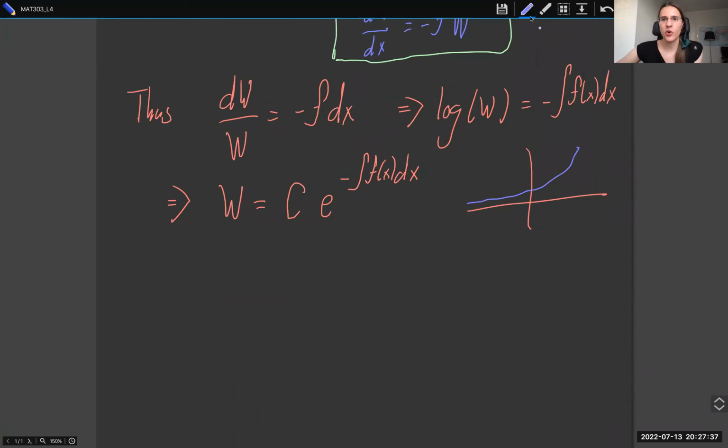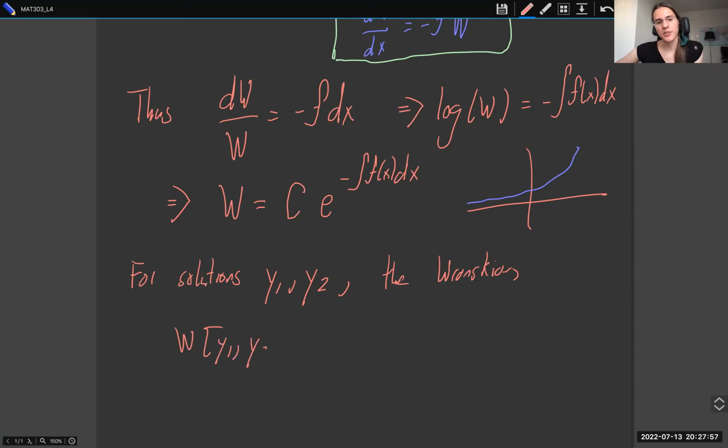So what we conclude is that for solutions y1 and y2, the Wronskian W(y1, y2) is either uniformly 0. For example, if y1 is equal to y2, it will be uniformly 0. And when I say uniformly, I mean as a function of x, it will be 0 everywhere, or uniformly non-zero.